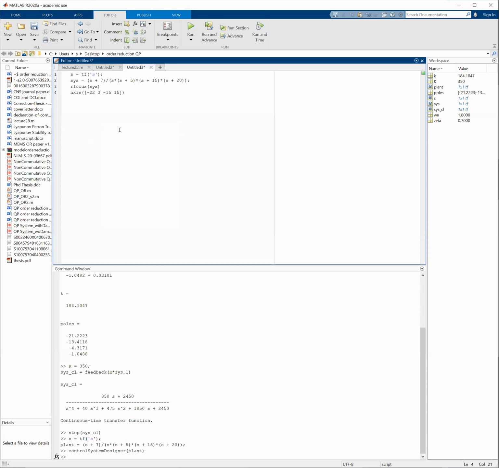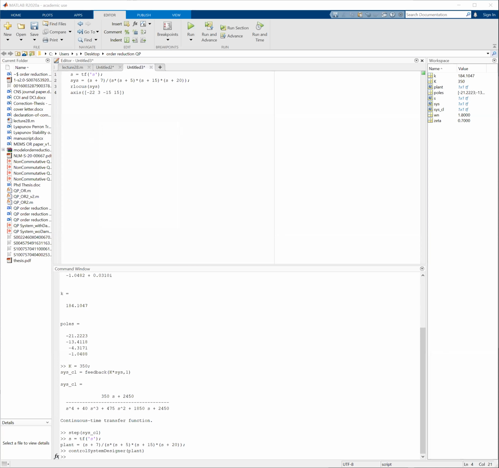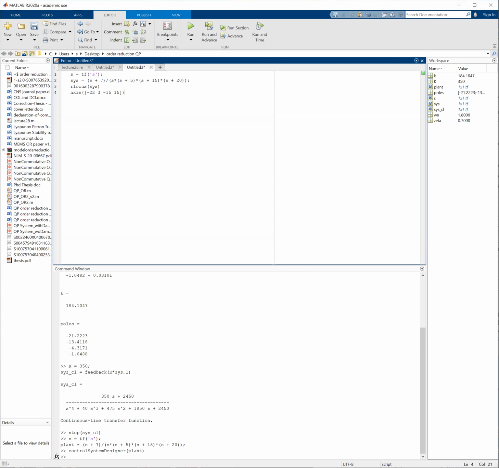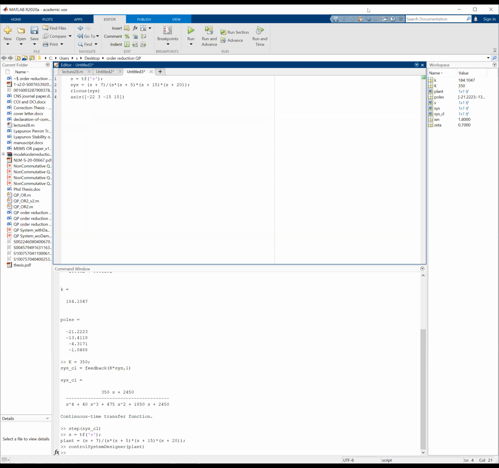Line number 1 is defining an s variable, and I will post this in my chat window.